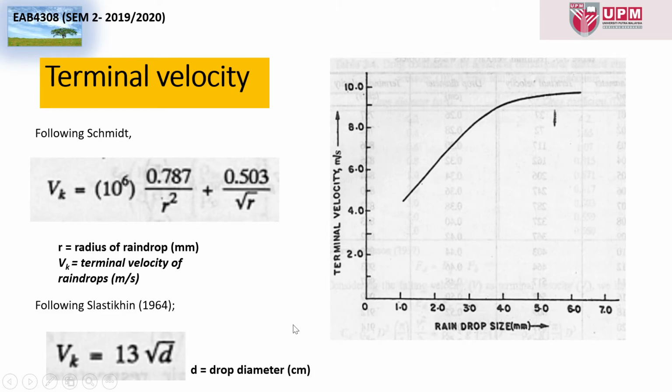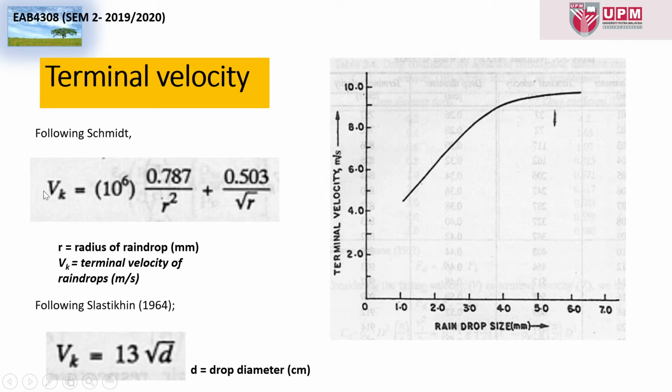Now we are going into the most interesting part of this lecture, which is terminal velocity. Following Smith, this is the equation for calculating velocity. R in this equation is the radius of the raindrop in millimeter.